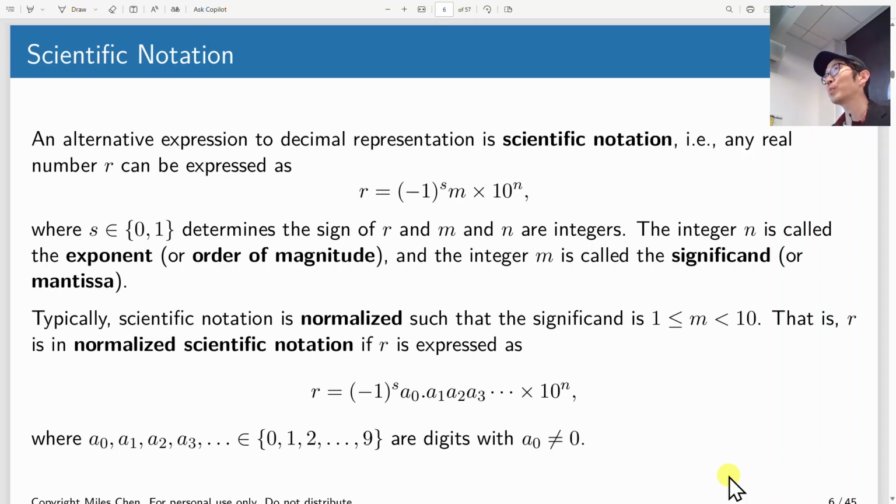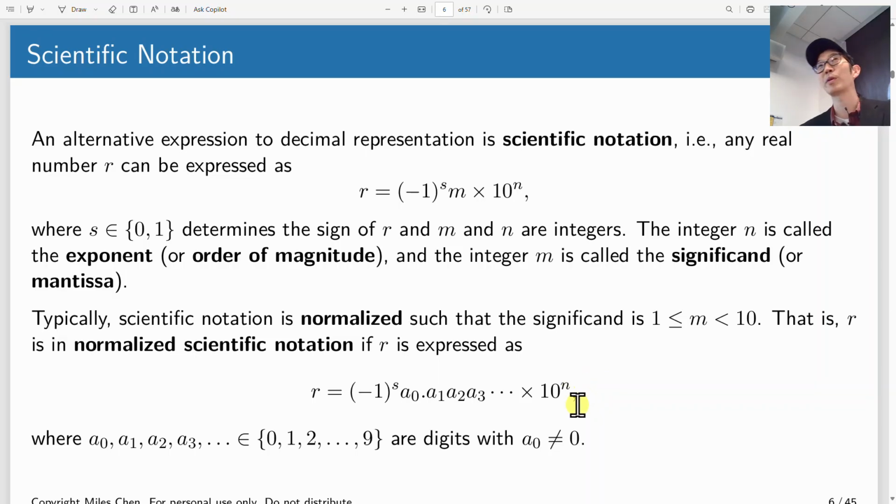Scientific notation is basically the same thing, except you roll the decimal point over so that you have one number in front of the decimal point, the leading digit that's not 0, and everything else is stored after it, and then you multiply by 10 to the whatever power.